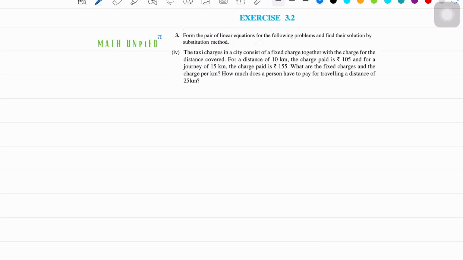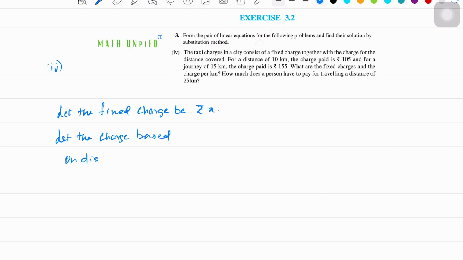So we can start this. Let the fixed charge be rupees X. Let the charge based on distance or rate be rupees Y per kilometer.